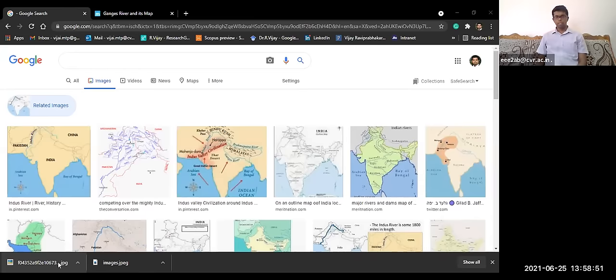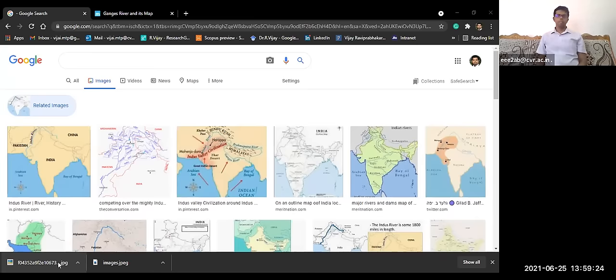It is starting from India and passing through Jammu Kashmir, and next to this Pakistan, passing all over Pakistan, and at last joining the Arabian Sea near Karachi.